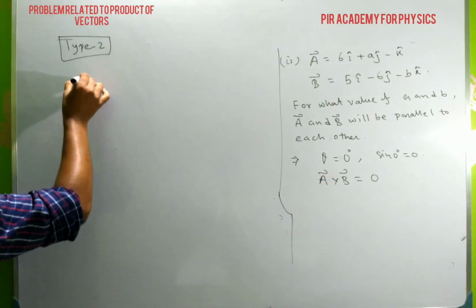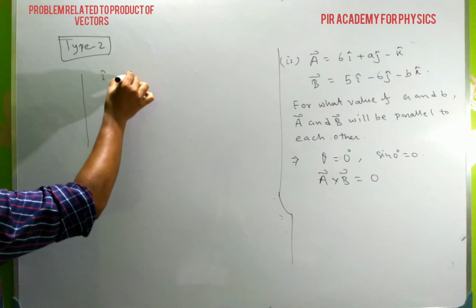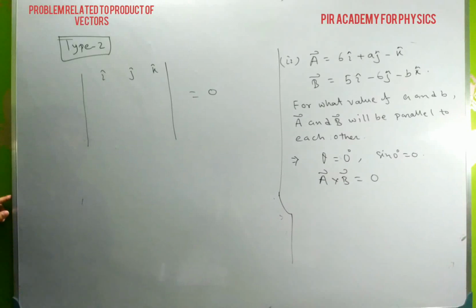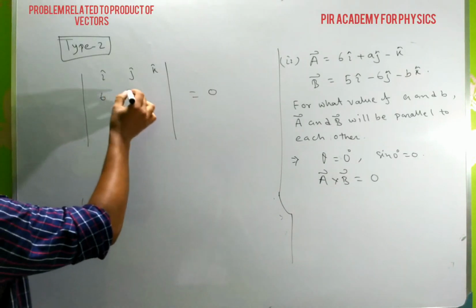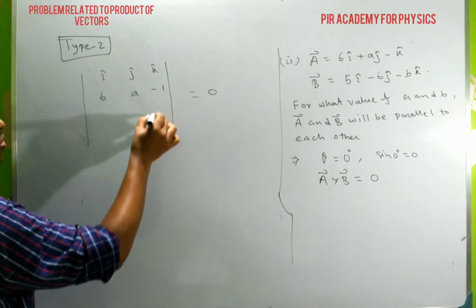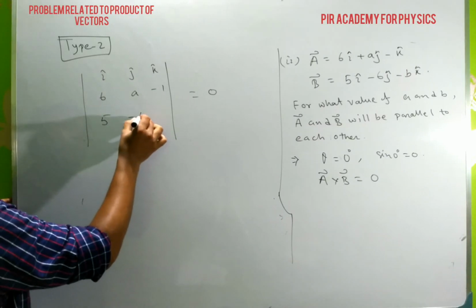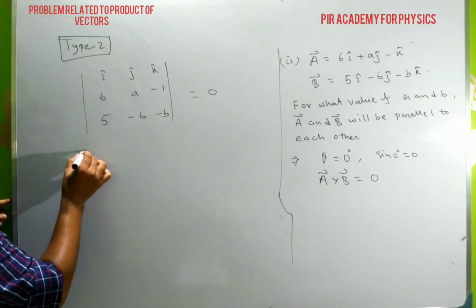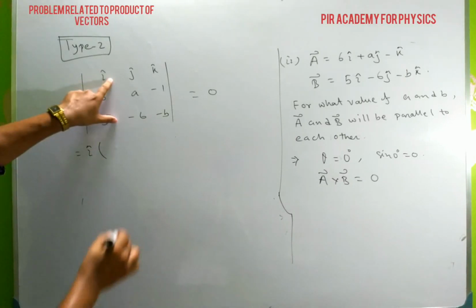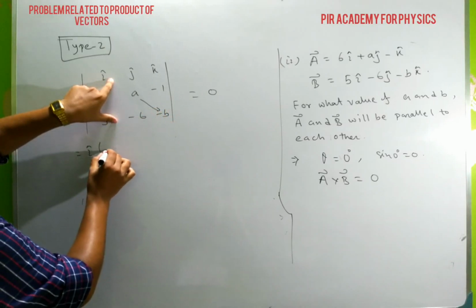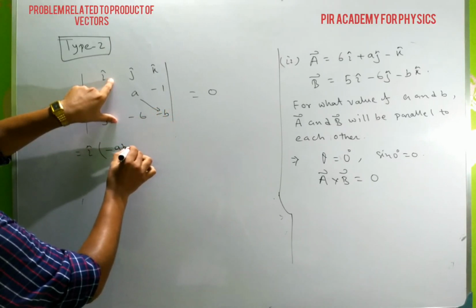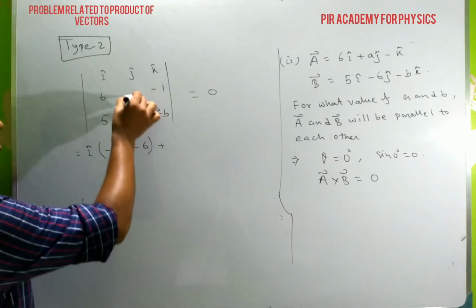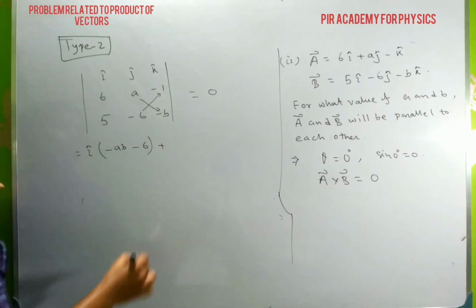Here a cross b, that means i cap, j cap, k cap. This cross product must be 0. Here 6, a, minus 1, 5, minus 6, minus b. First i cap bracket, this is multiplied minus ab minus 6, plus this multiplied minus this multiplied.